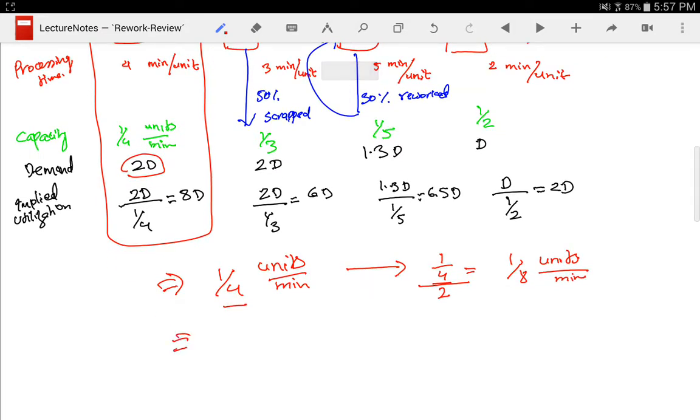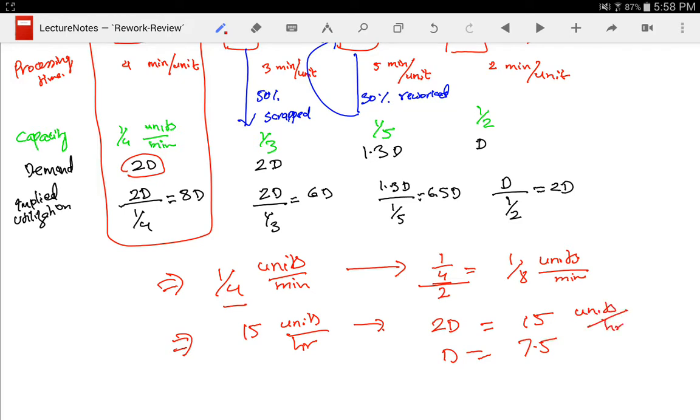Another way to think of this, to make the calculation a little easier, is that 1/4 units per minute is the same as saying 15 units per hour. The relationship with the output is 2D. So 2D equals 15, so D equals 7.5 units per hour.